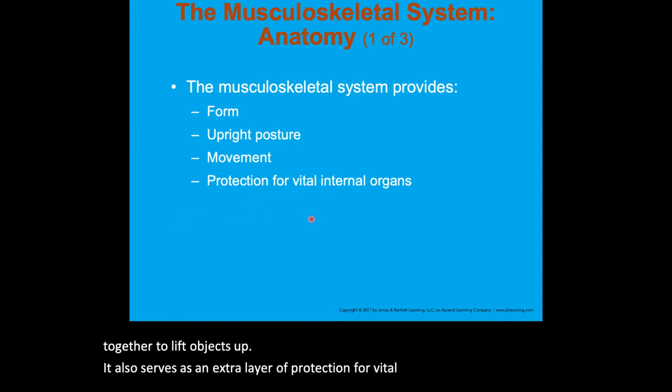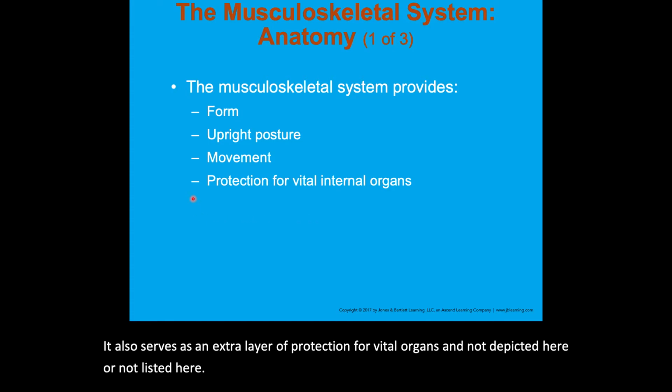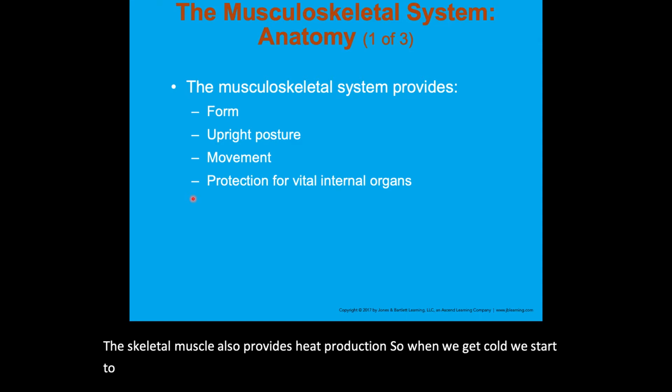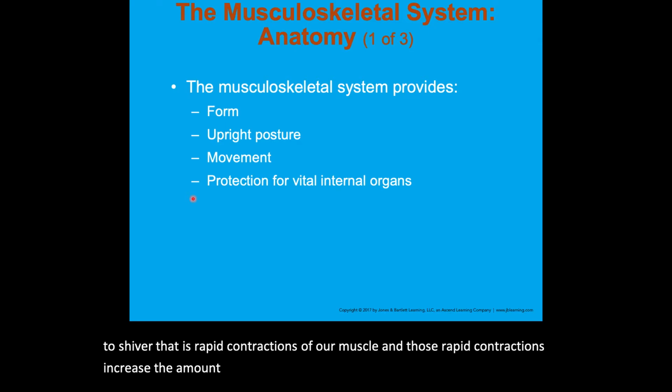And not depicted here, or not listed here, the skeletal muscle also provides heat production. So when we get cold, we start to shiver. That is rapid contractions of our muscle. And those rapid contractions increase the amount of heat our body generates in order to keep us warm.